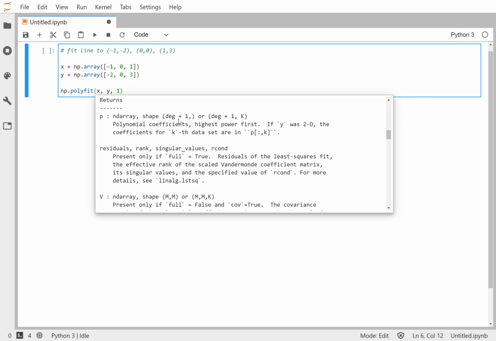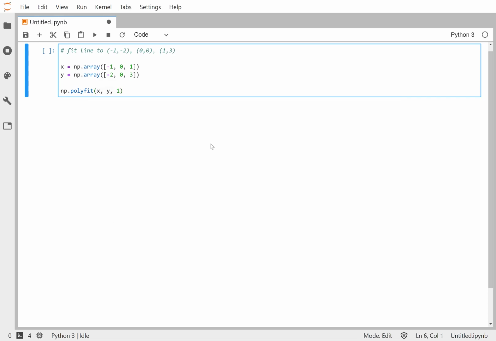And it comes out here, coefficients highest power first. Okay, so if we're fitting the slope and the y-intercept to a line, the highest power coefficient would be the slope. That's the one that goes with the first power term, and then the y-intercept would be the second. So that would be m and b if we're doing the form y equals mx plus b.